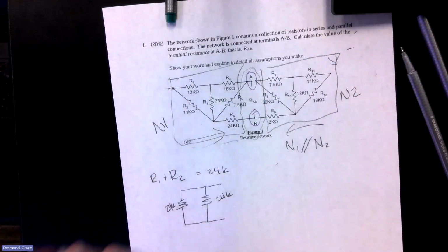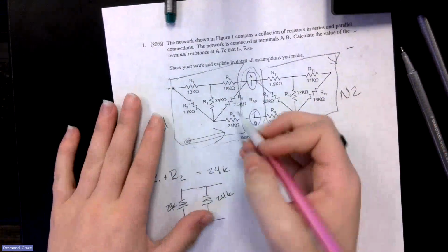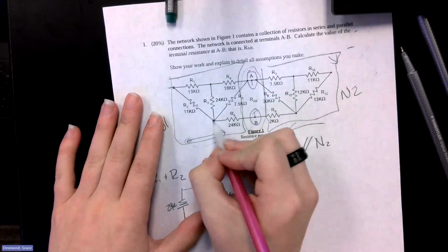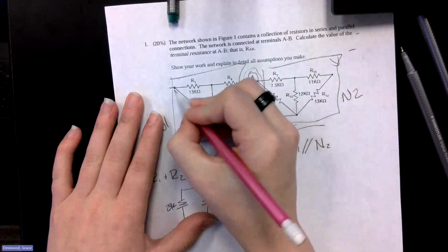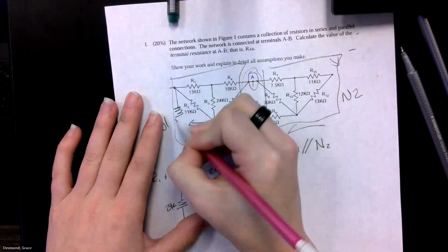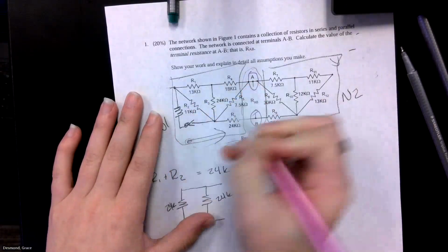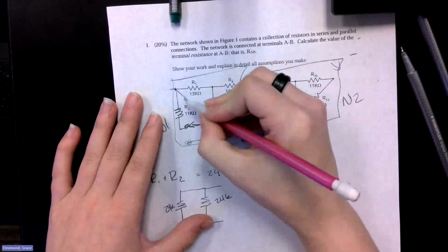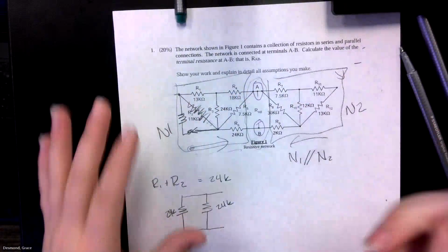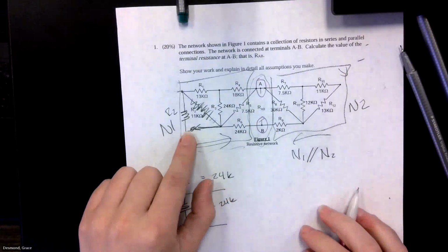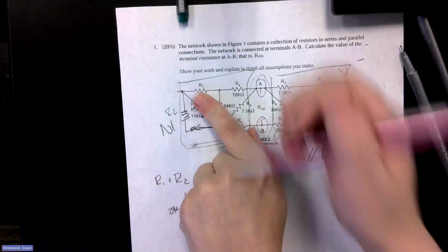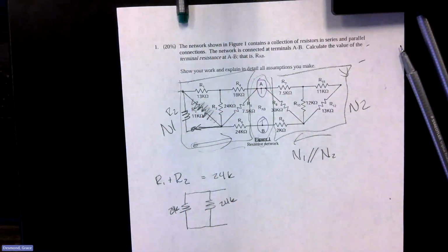We can always stretch stuff out. So if we have this node, we can pull this over and stretch it out, and so that R2 is now connected like this. Do you see how now it's a nice square and it's easier to see that they're in series?